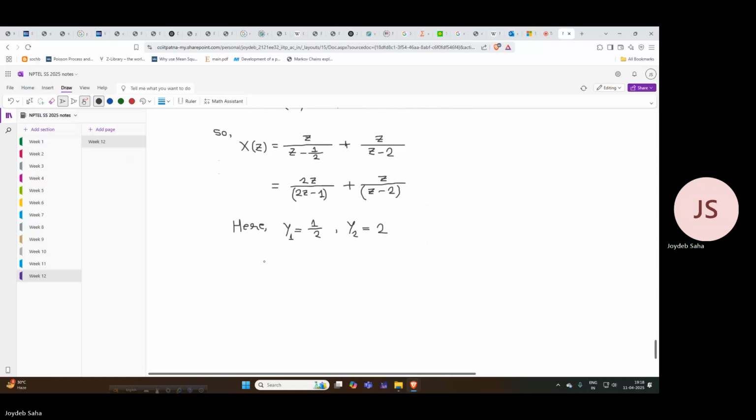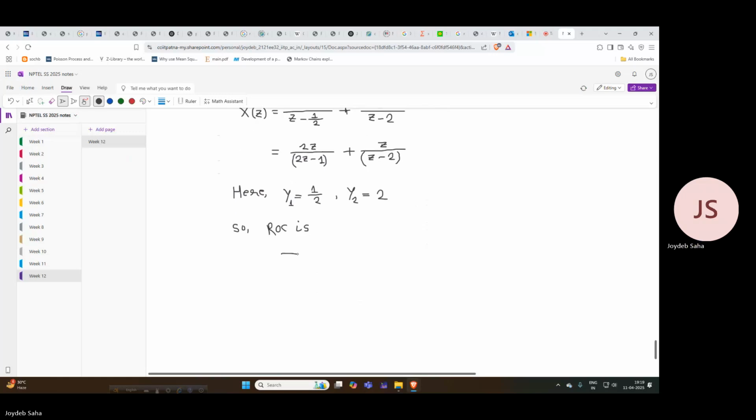So ROC is half less than mod z less than 2.